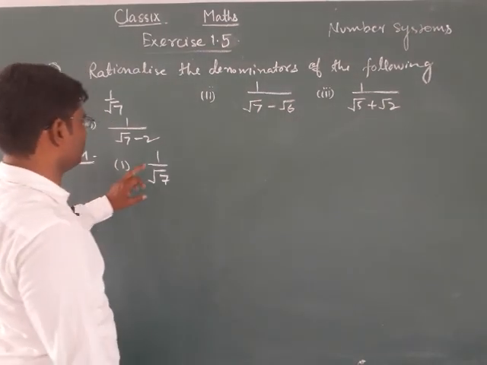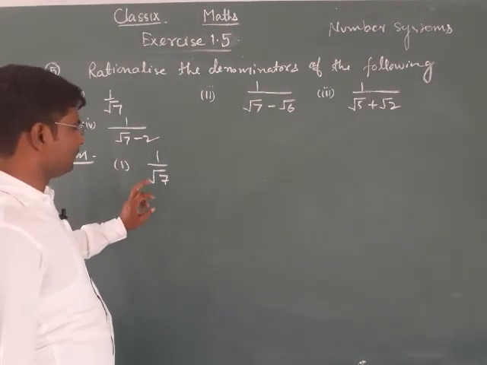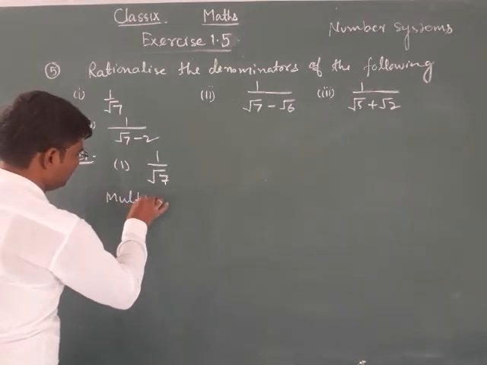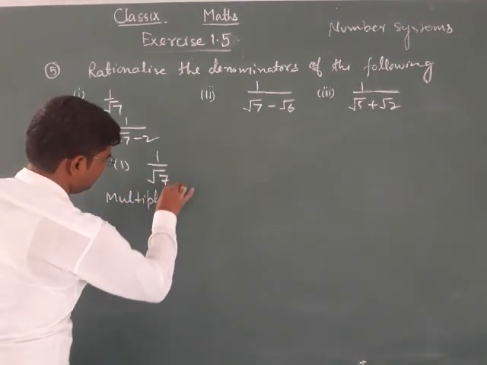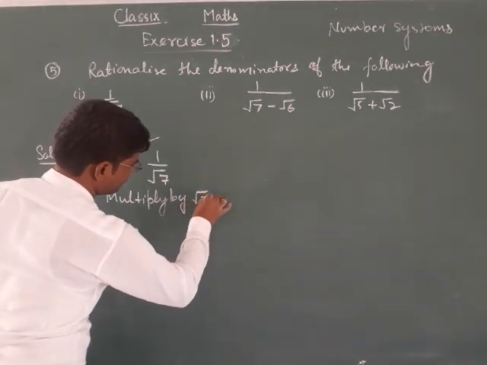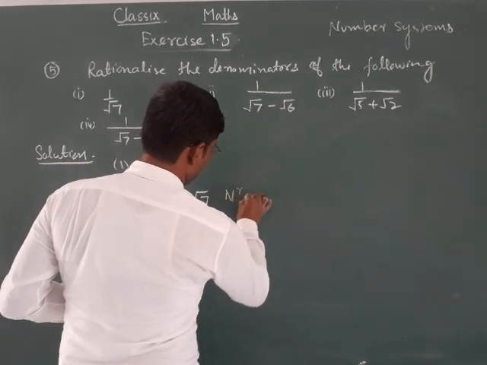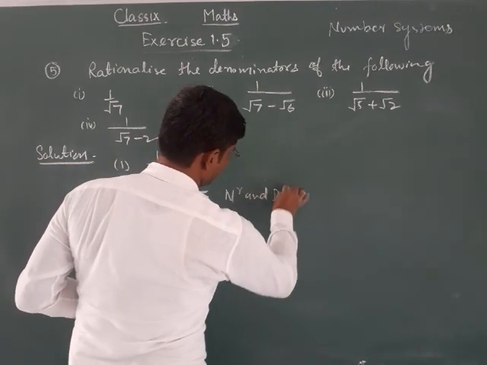So we multiply by root 7 in the numerator and denominator.